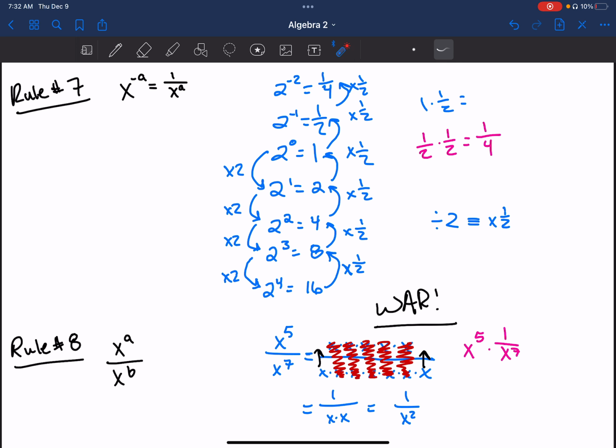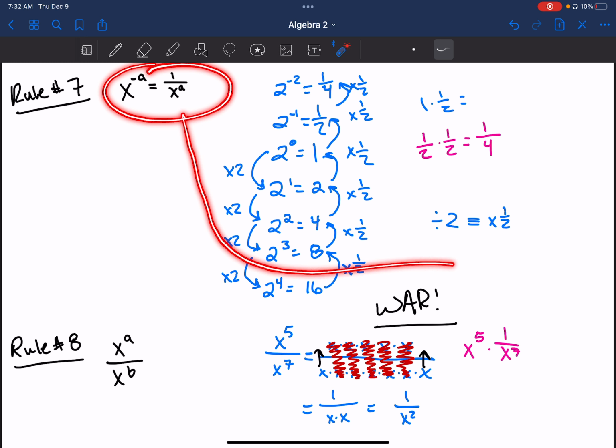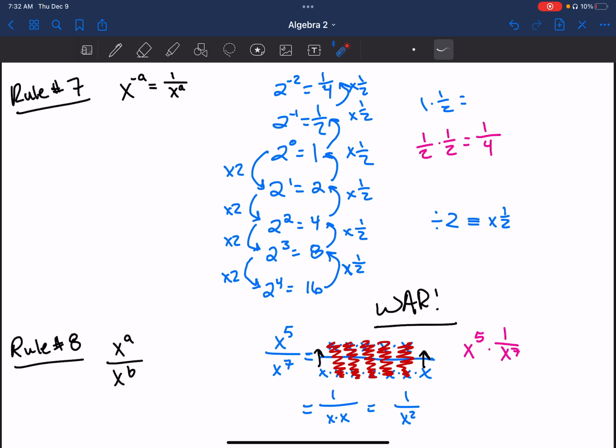We have this other rule up here that we can use to translate this. All of these rules are just a translation. It is allowing us to say, okay, I have this, which means I have this. So we could rewrite this as being x to the fifth times x to the, it was positive on the bottom, so when we move it up to the top of a fraction, it becomes negative. x to the negative seventh.